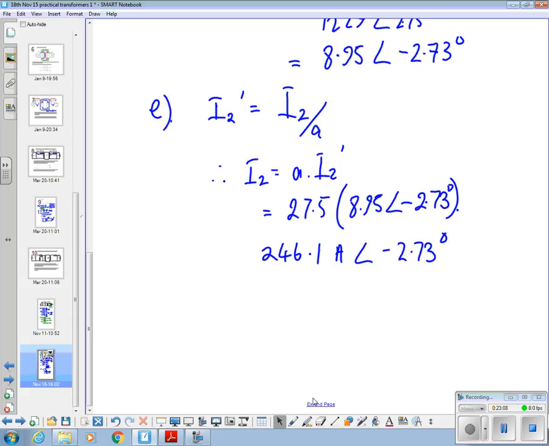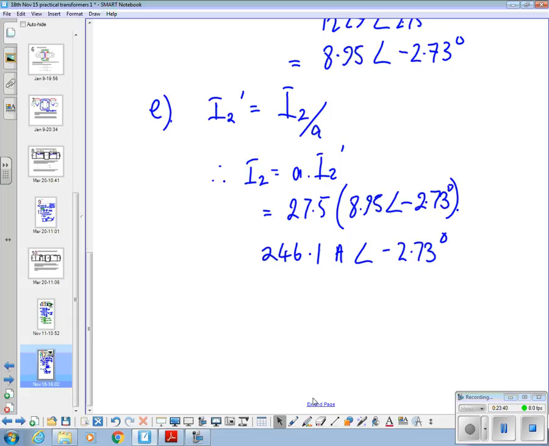So the last bit says, find the apparent power delivered to this load. So how are we going to do that? We now know the actual secondary current flowing through the original load, the 1.6 ohm resistor. How can we find the apparent power S?